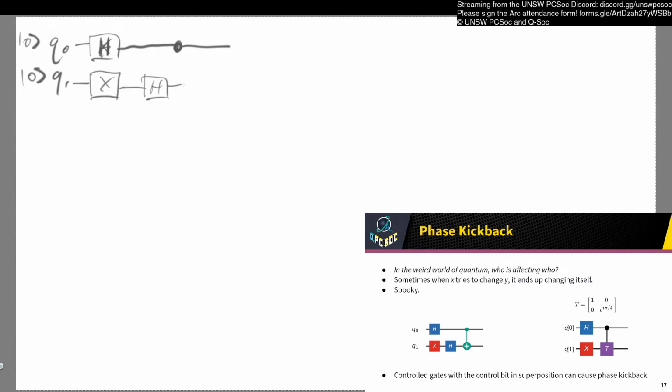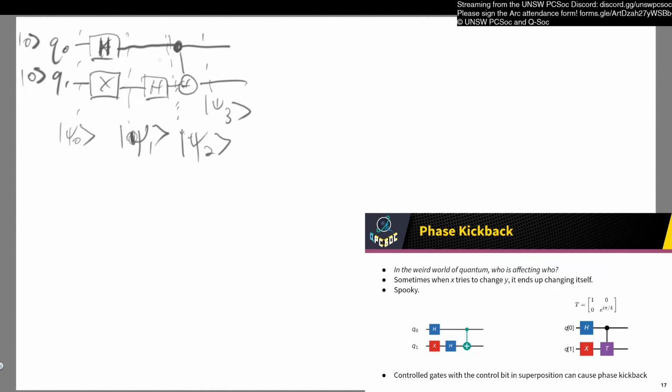H and then plus. Yep. Okay, I'm going to show you a quick way to get around this. Step 0. State psi 1. This is step 2, and this is step 3.